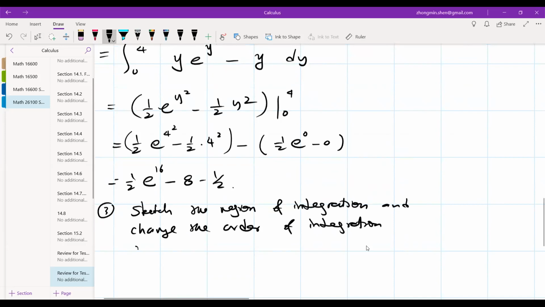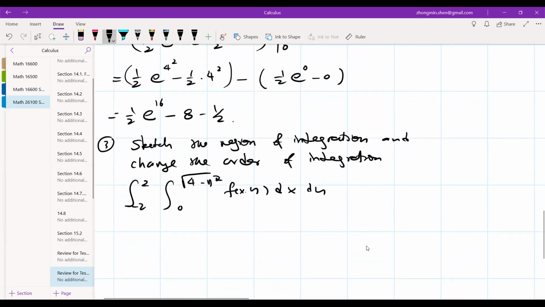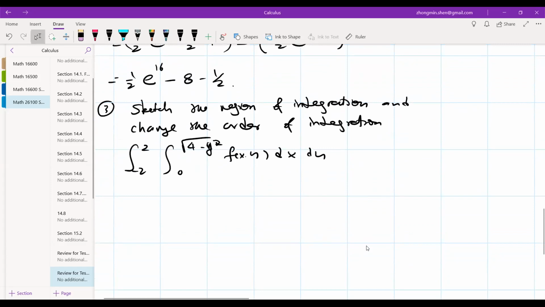You are given an iterated integral. You cannot evaluate it, because the function is not given specifically. Sometimes I give you a very specific function, but if I'm not asking you to evaluate the integral, don't do that. It's a waste of time. So read the question carefully.